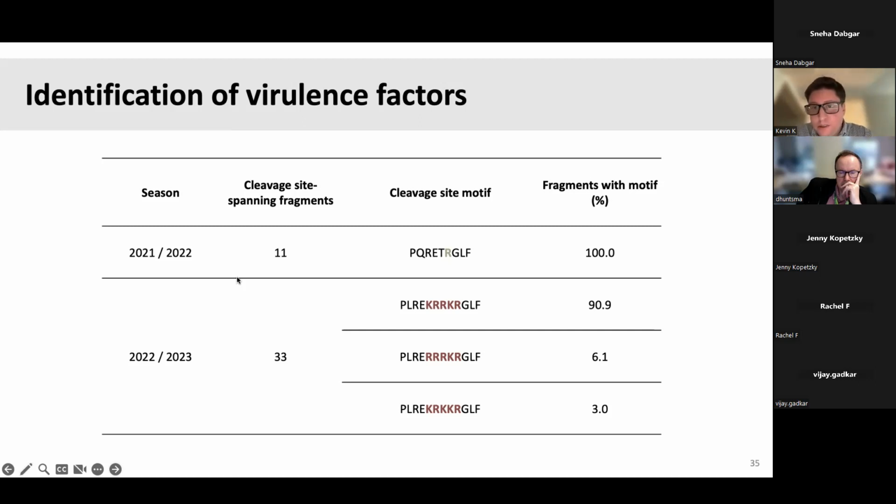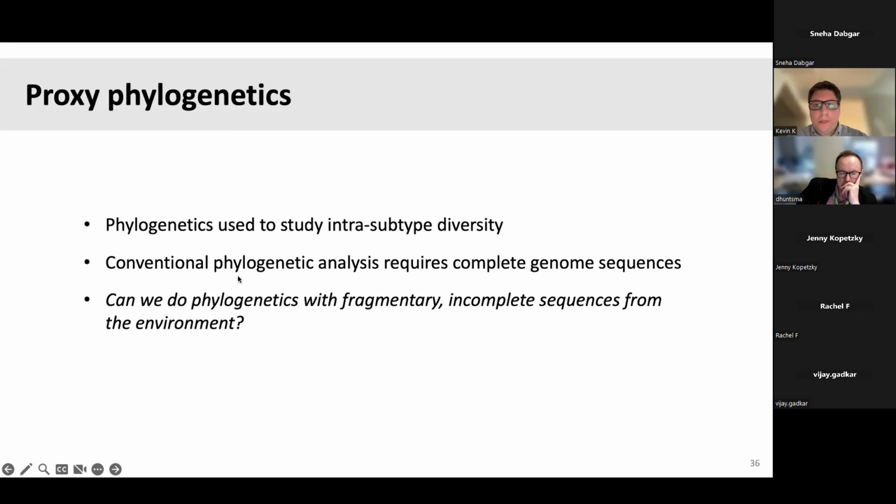We can look for specific immune epitopes to see if there's cross protection. I mean, there's many other virulence factors and spillover factors that we can interrogate using this method. So it really makes it a pretty powerful tool for us. So that was the second approach.